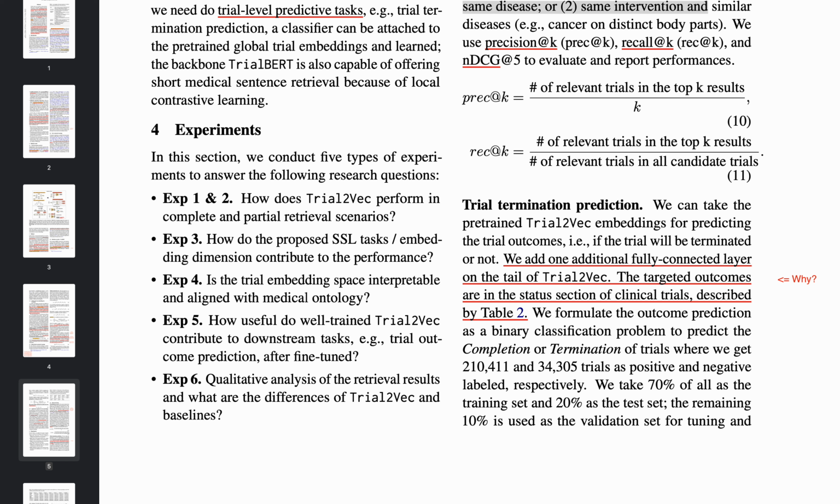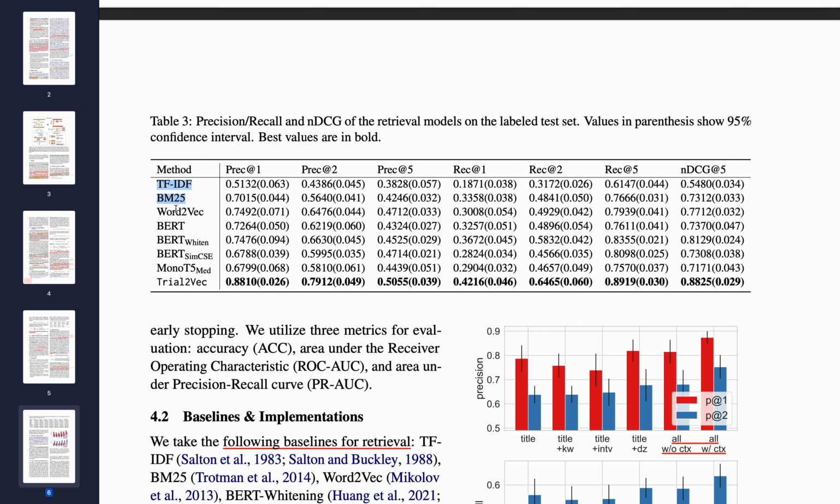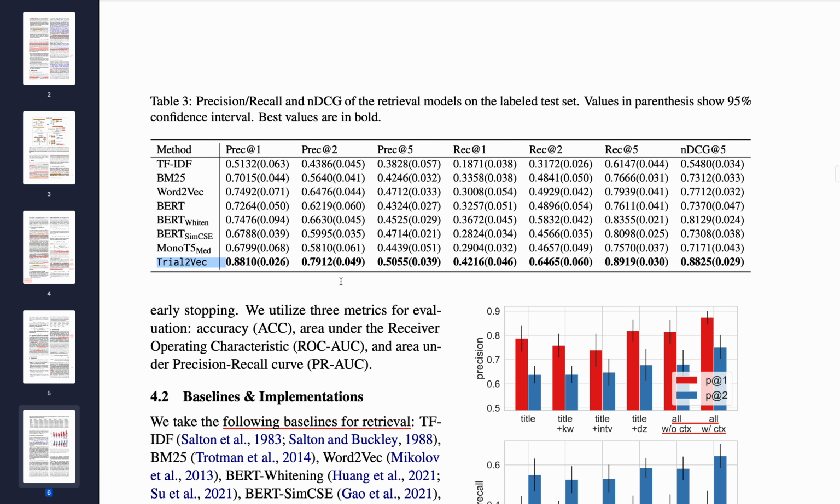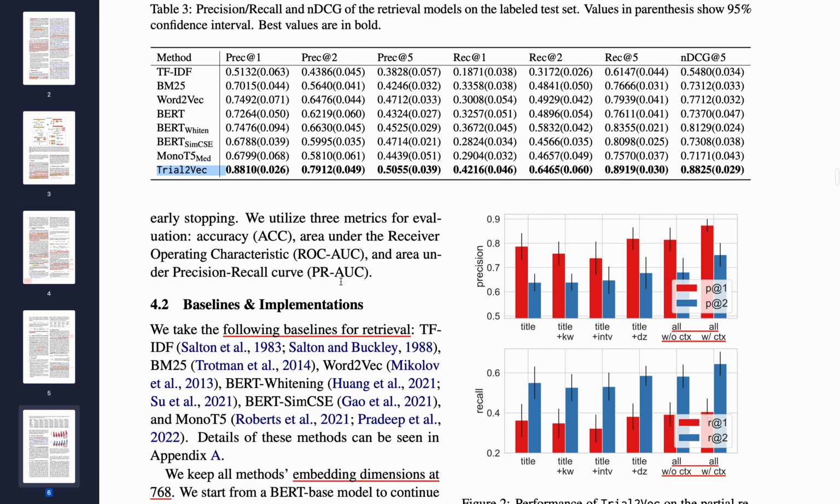Yeah, so these are the results. If you look at precision at 1 to 5, recall at 1 to 5, and NDCG at 5, each row represents a method. Some of them are sparse methods, and then we have dense methods, and Trial2Vec outperformed all the methods listed here.